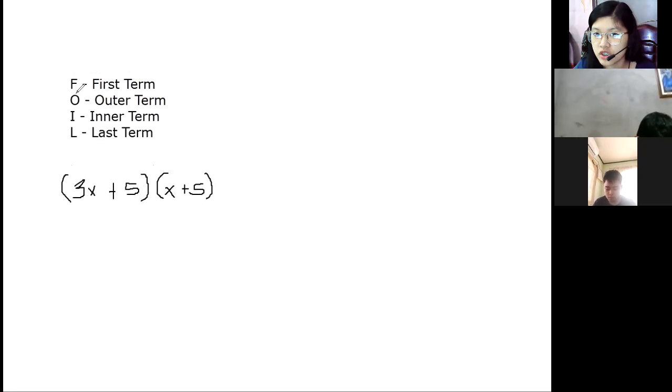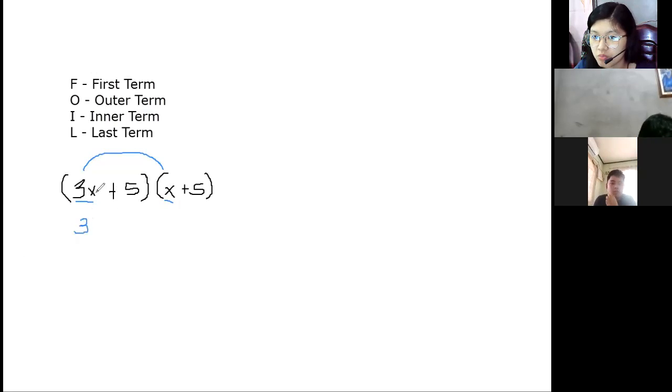So, first is yung mga first term. We have here the first term which is 3x and another first term here we have x. So, i-multiply natin yung dalawa. 3x times x. So, yung number, we have here 3 and yung isa wala. So, 3, automatic na meron siyang 1 as constant. So, 3 times 1, that is 3.